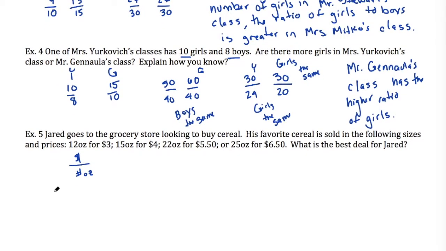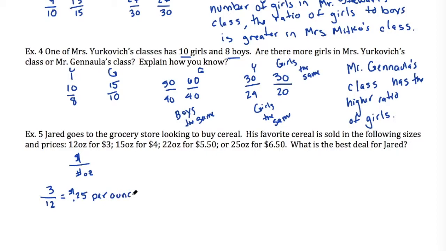So if we start, the first one has $3 per 12 ounces. So what does that turn into? We can turn that into what we call a unit rate. If we go ahead and do the division here, we know that 3 divided by 12 is 0.25. This is the number of dollars, so $0.25 per ounce.